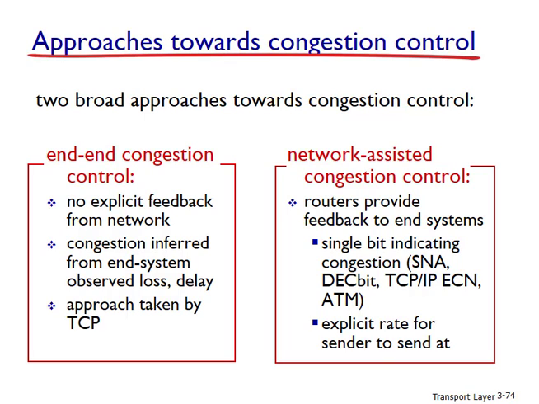The second form of notification occurs when a router marks or updates a field in a packet flowing from sender to receiver to indicate congestion. Upon receipt of a marked packet, the receiver then notifies the sender of the congestion indication. Note that this latter form of notification takes at least a full round-trip time.